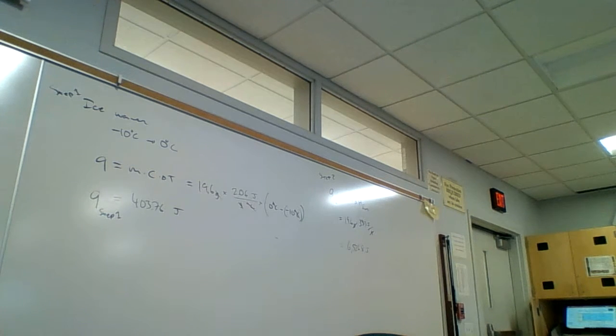So let's put in the numbers that we have so far. The amount of heat, let's say we're going from minus 10 degrees C to 0 degrees C here. The amount of heat that's required for step 1, we just calculated, 403.76 joules. The amount of heat for step 2 is we're melting all this ice.